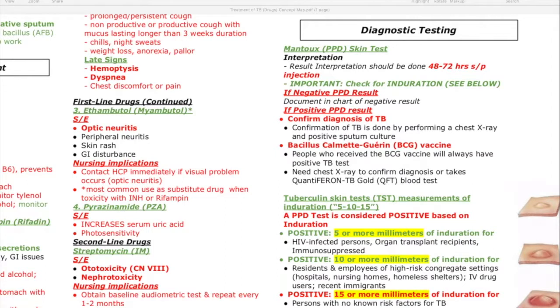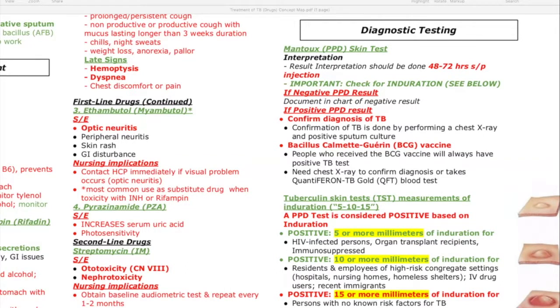It's an intradermal injection which will create an induration. After the injection, we're going to have to wait 48 to 72 hours in order to check for induration.